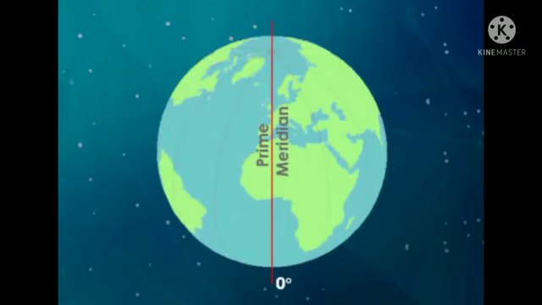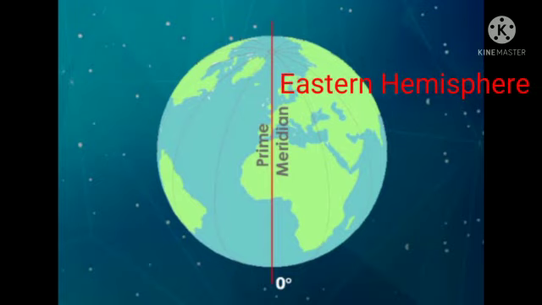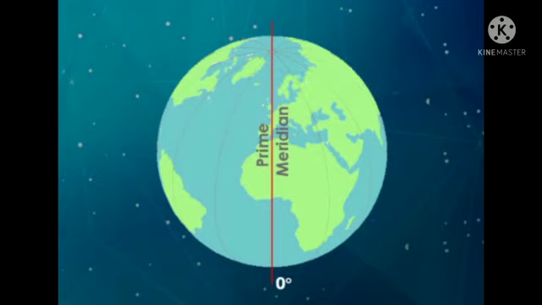The longitude of 0 degree is taken as the prime meridian. So the prime meridian is also our reference point. To the east of the prime meridian, the part of earth is known as the eastern hemisphere, and the part of earth towards the west of the prime meridian is known as the western hemisphere.